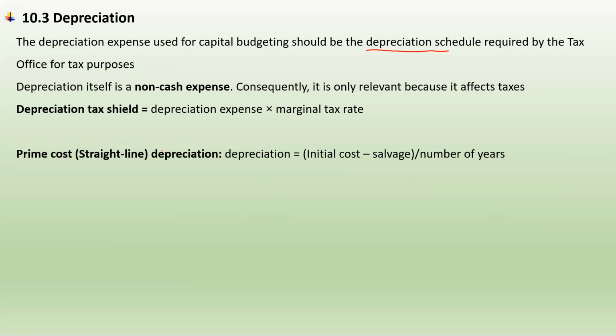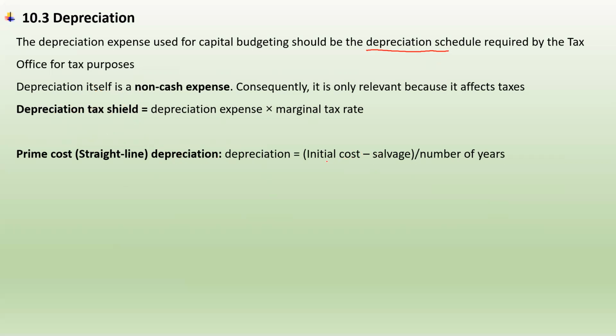The reason the cash flow from assets is related to depreciation is that the depreciation has its tax shield. Because of the depreciation tax shield, it will increase the cash flow from assets. So there's two types of depreciation schedule. The first one is called straight line depreciation.